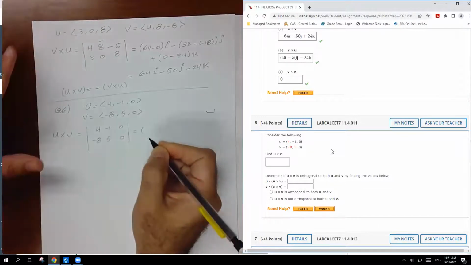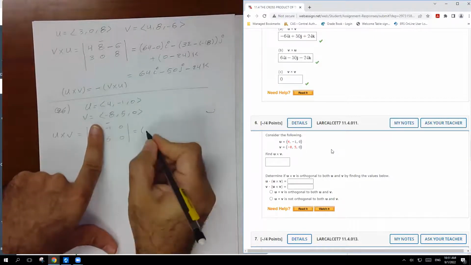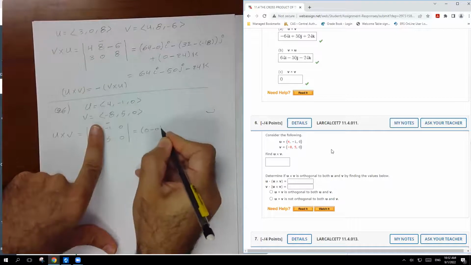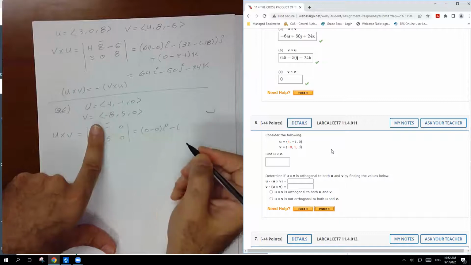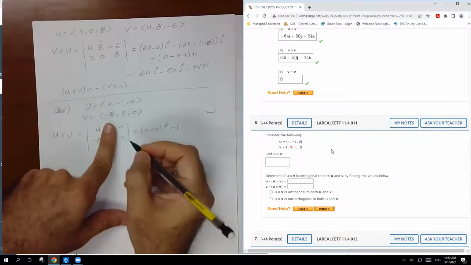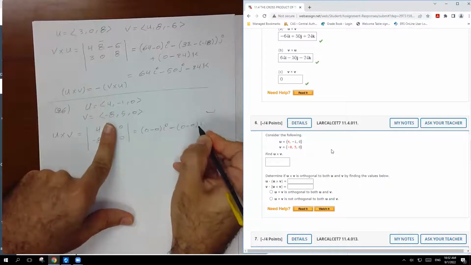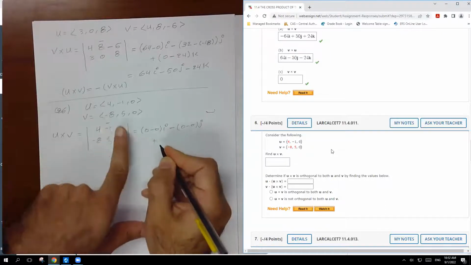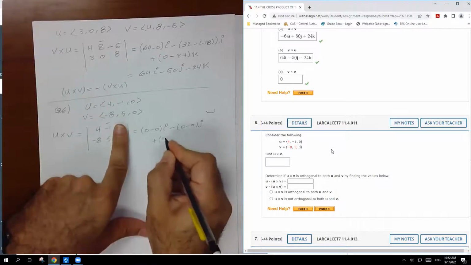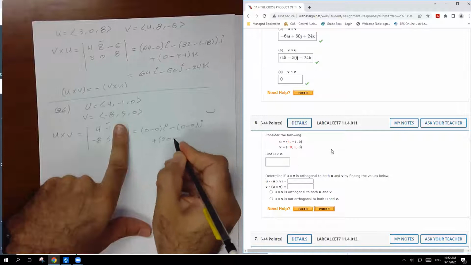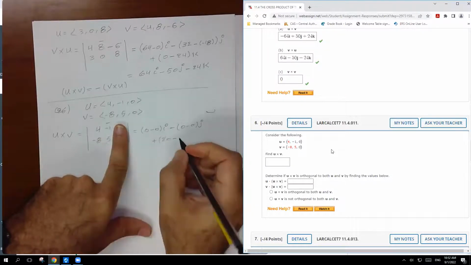For the i, and there's a negative sign here, don't forget that, it's going to be 0 minus 0. For the j, it's going to be 0 minus 0. Plus, for the k, it's going to be 20 minus negative 8, because negative times negative is positive.